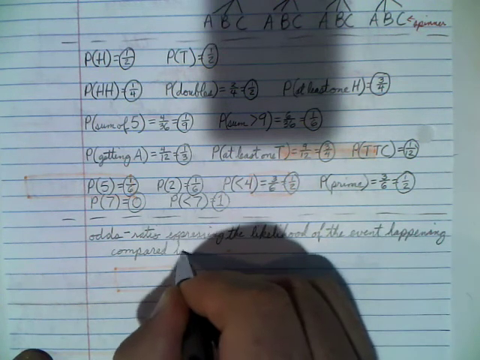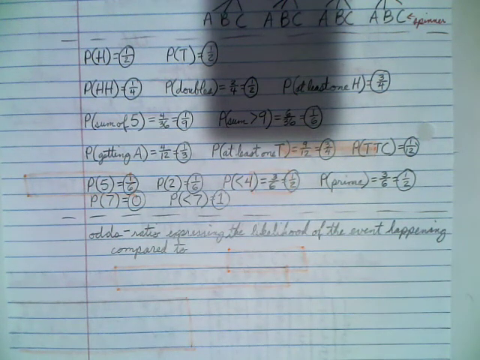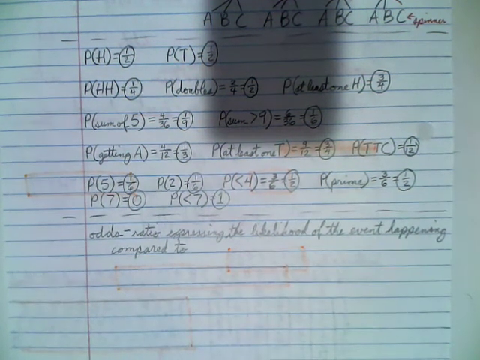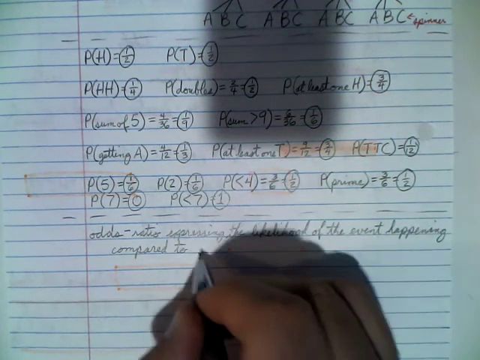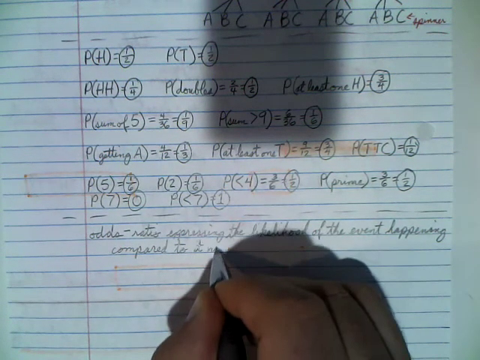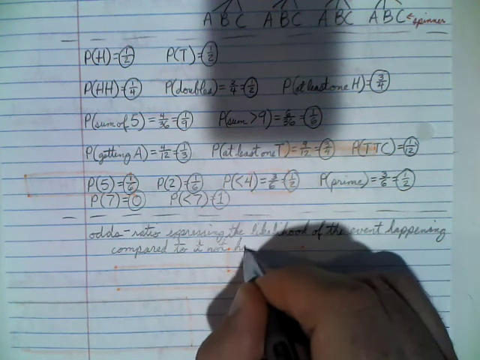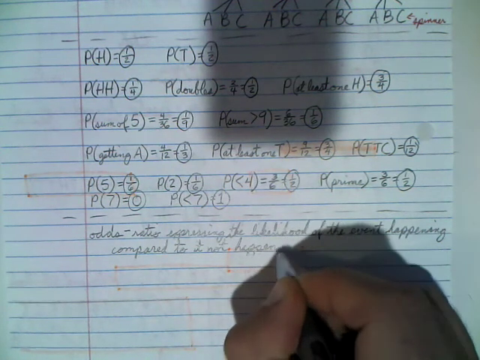compared to, now I want to pause there, because if this was probability, we would say compared to all the possible outcomes. So what could happen? So instead, this is compared to not the possibilities, but compared to it not happening.